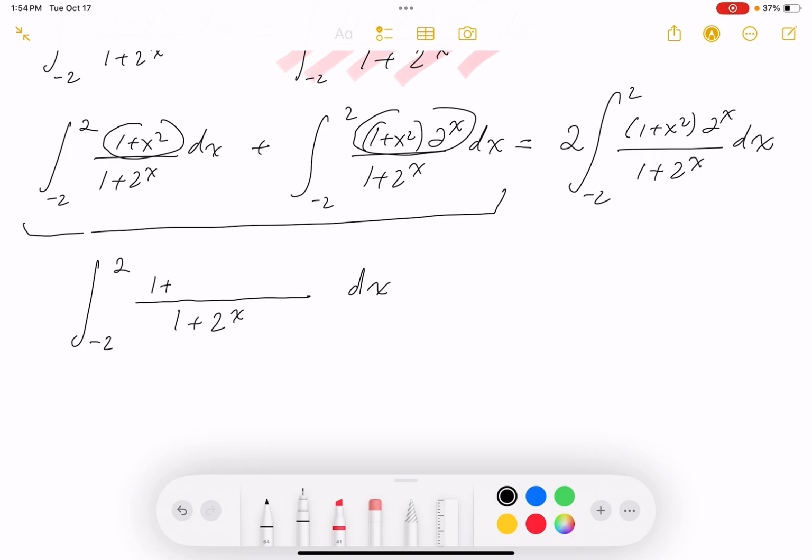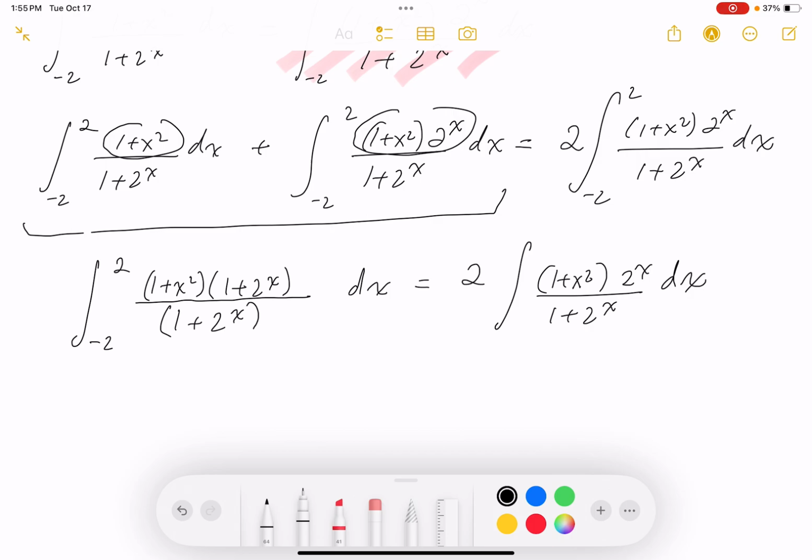And what do you get? 1 plus x squared over 1 plus 2 to the x, times 1 plus 2 to the x, plus 2 to the x. What do I notice now?